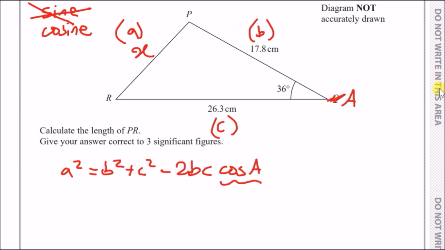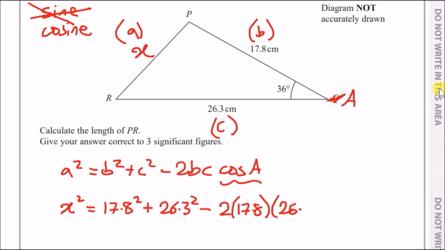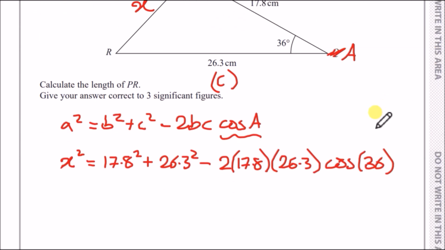Replacing little a with x, we have x squared. b is 17.8, so 17.8 squared plus c squared minus 2 times, and I'm going to wrap these in brackets, b is 17.8, c is 26.3, and we have cos of the angle 36 degrees. Now all you do is put this in your calculator, which gives approximately 251.